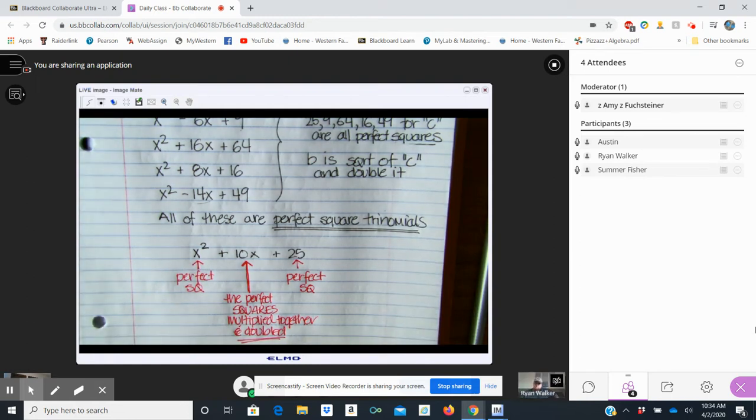Could you say the perfect square is multiplied by itself? No. Cannot say multiplied by themselves.